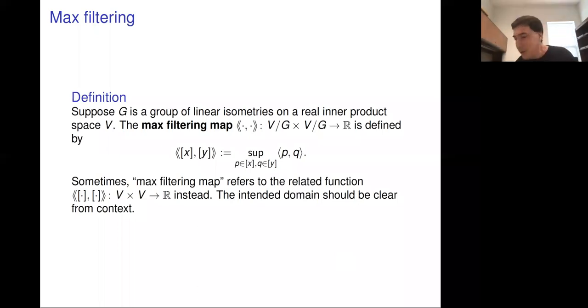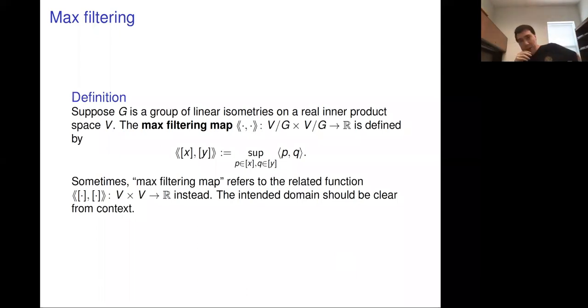Okay, so finally, getting to the actual new thing here. This talk is called max filtering, and this is the thing that we decided to work with here. So if you give me any group of linear isometries acting on, right now I'm just saying a real inner product space, but mostly that will be a finite dimensional real inner product space.